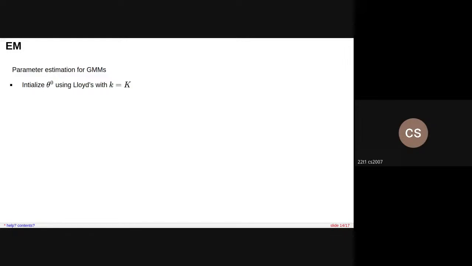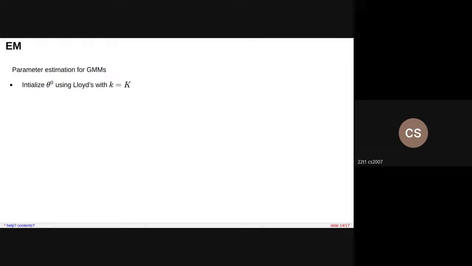Okay, pi k you can get from, how do you get pi k once you do clustering using Lloyd's? So the probability of xi belonging to that cluster K. Right. So how many points belong to cluster K divided by total number of points, right? That will be your initial value of pi k.